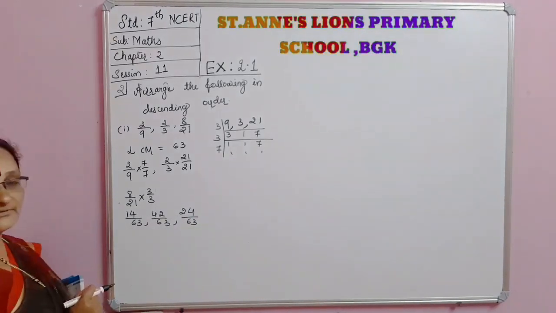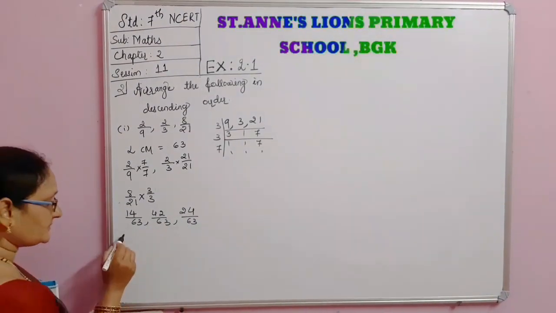Okay. Now descending, you have to write which is biggest here. 42 is biggest.